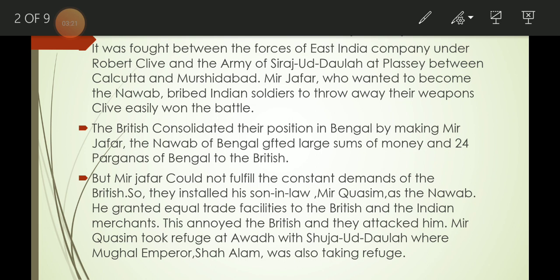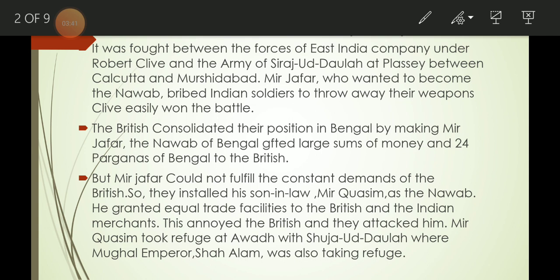The battle was fought between the British East India Company under Robert Clive and the army of Sirajuddaulah, the Nawab of Bengal and the grandson of Ali Khan.